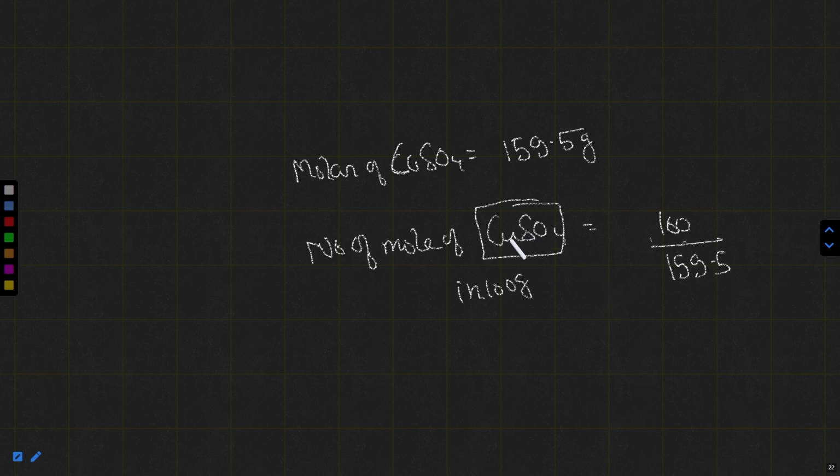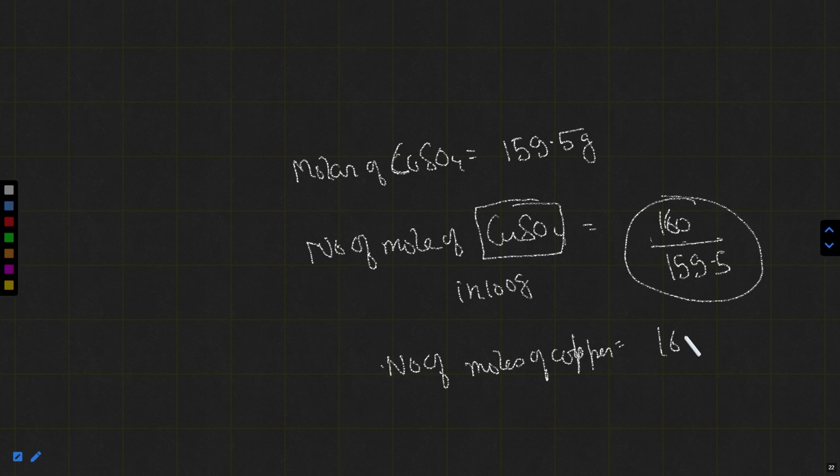Now, 1 mole of CuSO4 contains 1 mole of copper atom. So this much moles of CuSO4 will contain the same amount of copper. Number of moles of copper would also be 100 by 159.5.